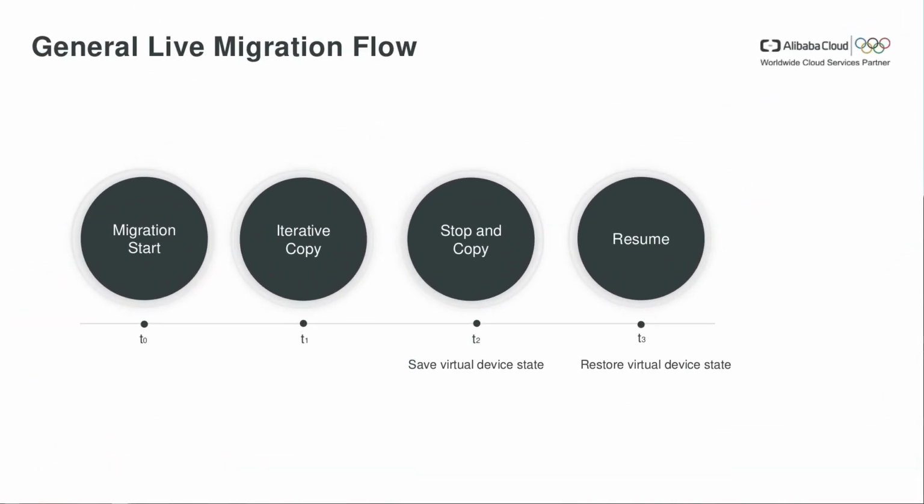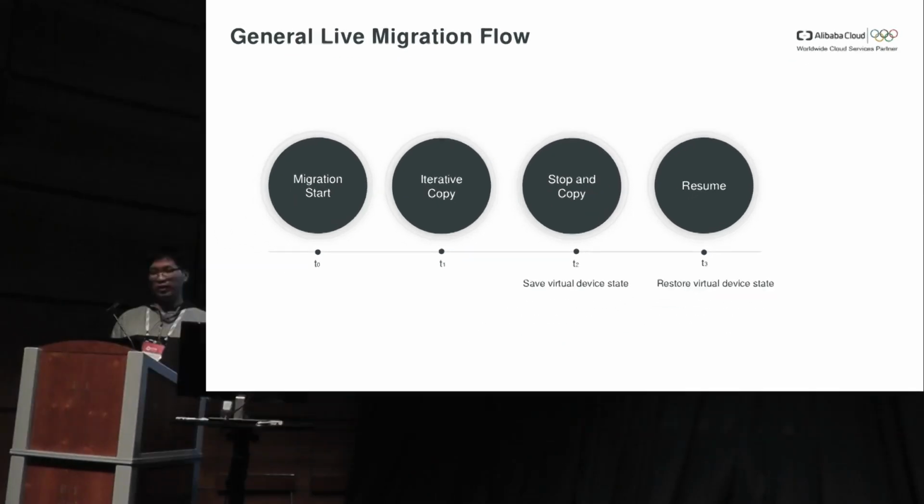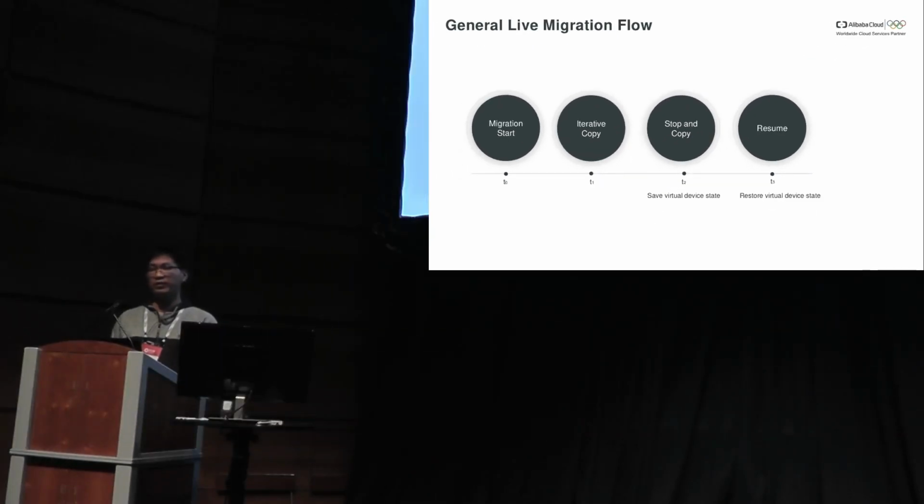Before diving into live migration with pass-through device, let me introduce the general live migration flow. Live migration is an interesting ongoing topic. At migration start, we should start log dirty and mark all the pages dirty. During iterative copies, we should keep sending dirty pages to the destination.